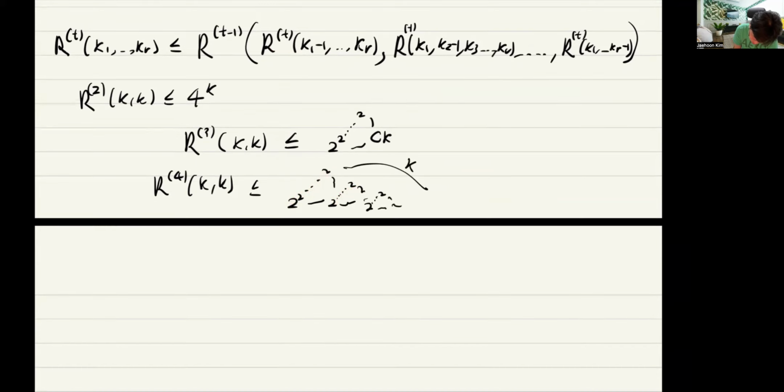You have to do this a constant times k times. This is something called a Wowzer type function. And already for 5, 6, 7, you will get an Ackermann-type, ridiculously large upper bound.